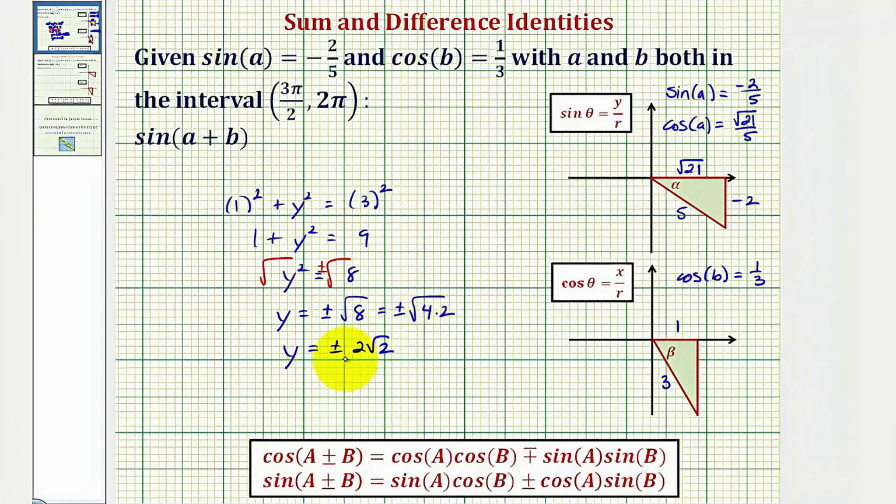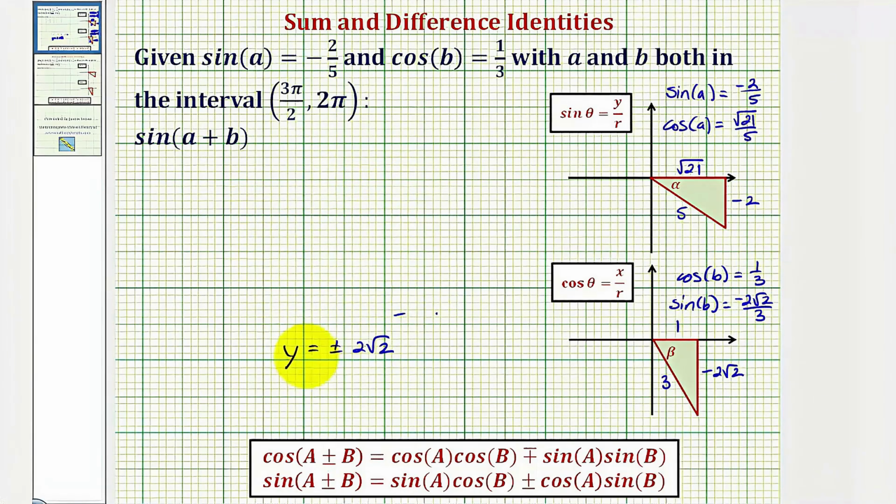But again, because we're in the fourth quadrant where y is negative, y is equal to negative 2 square root 2, which means sine B is equal to negative 2 square root 2 divided by 3. Now we have all the trig function values that we need, and we can now apply the sum and difference identities.